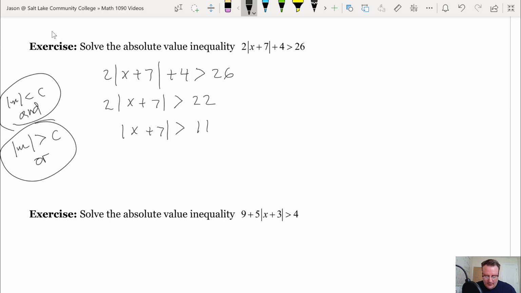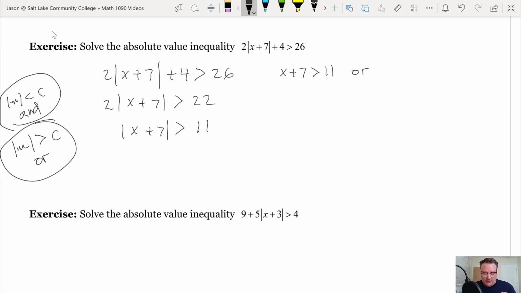So again, we don't know if x plus 7 is positive or negative, right? So we take the positive case first. Let's assume x plus 7 is positive. Then the absolute value of x plus 7 is just x plus 7. So we get the inequality x plus 7 is greater than 11. And here's where our connective comes in: or.